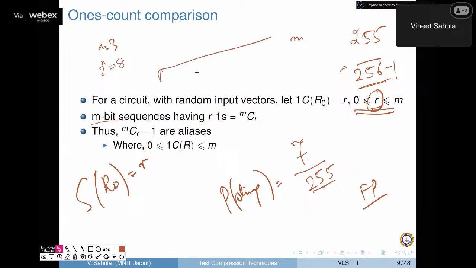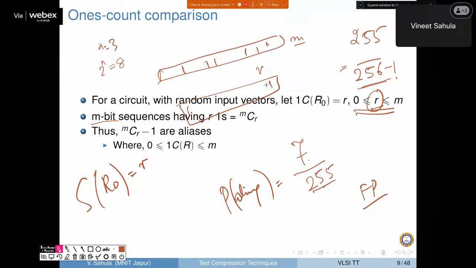So out of total output sequence of length m, the correct pattern has r ones. But the point is they are located at some place. Say 6 ones are there. I could fill these 6 ones some other way also, and their signature will be matching that.